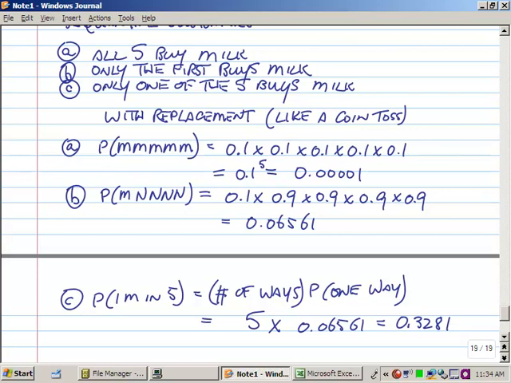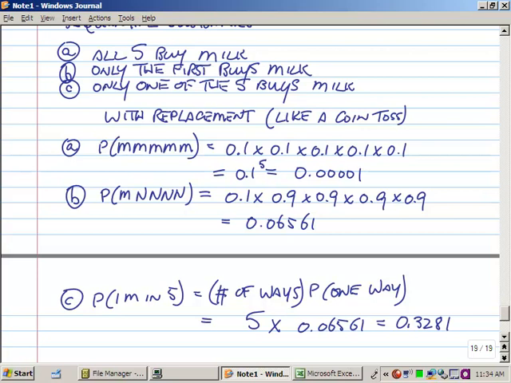Alright, so that's that problem. Both with replacement and without replacement, several sets of examples. In the long run, hopefully you've understood that in this case we had 5, which is more than the 3 that we did in the typical problems. But if we had 100 items, and we wanted to find the probability of one defect in 100, we want to know the number of ways of getting one defect in 100.